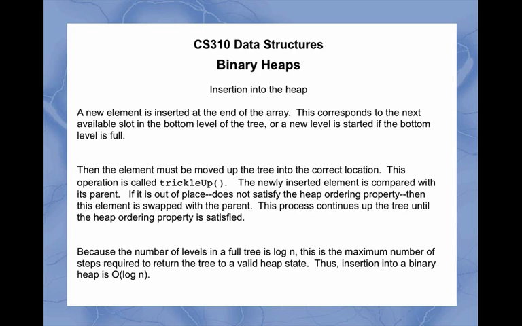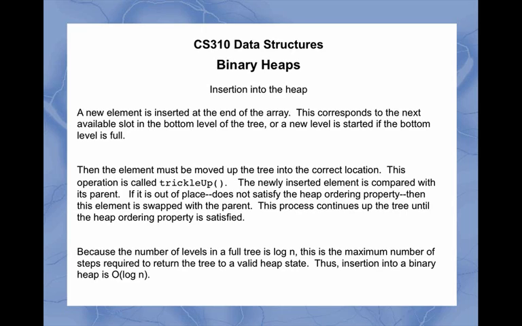This corresponds to the next available slot in the bottom level of the tree. Or if a new level is started, then it's the leftmost one. So the element is inserted at the very end, but that doesn't mean it's in the right place. It may be in the wrong place. If this is the case, then you must restructure the heap in order to get the element into the correct location. The operation required to move this newly inserted element into the correct location is called trickle up.